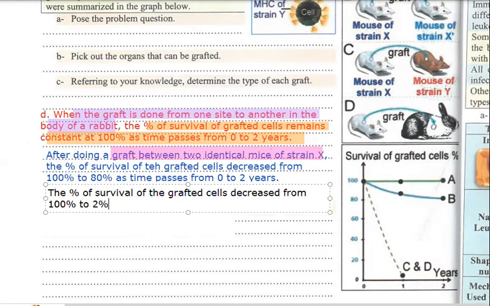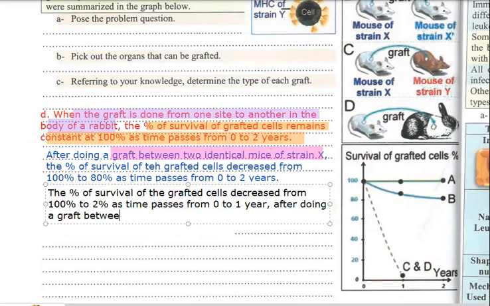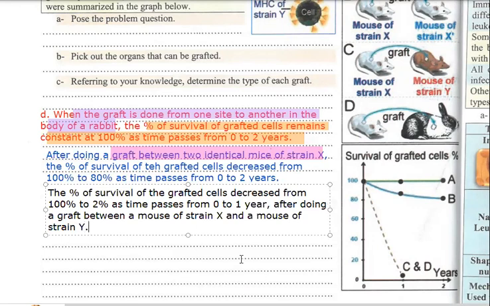You can also put 0%, as time passes from 0 to 1 year, after doing a graft between a mouse of strain X and a mouse of strain Y. So I put what we did: we did a graft between a mouse of strain X and a mouse of strain Y. So what happened?